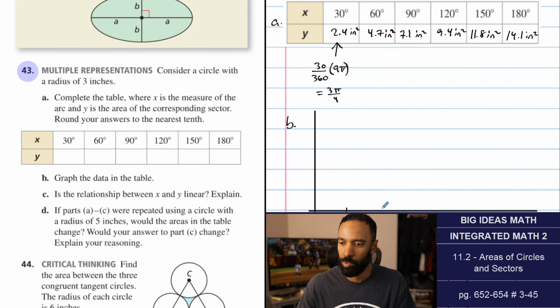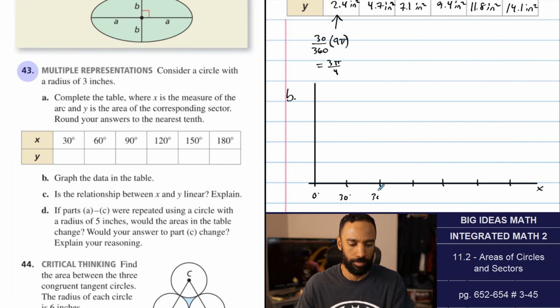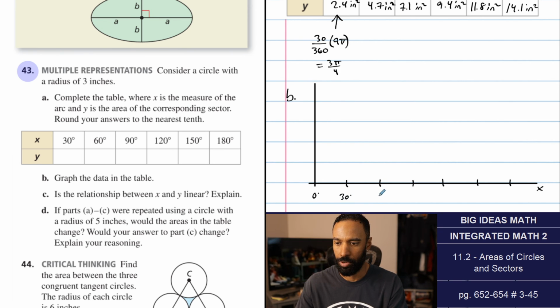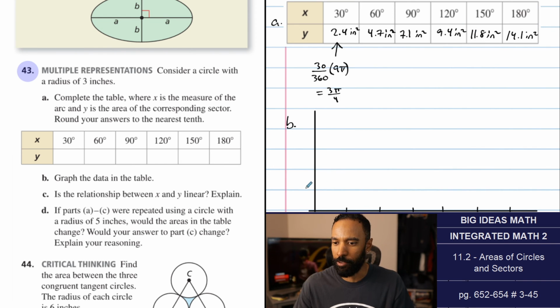Got 1, 2, 3, 4, 5, 6. X is degrees. So 30, 60, 90, 120, 150, 180.